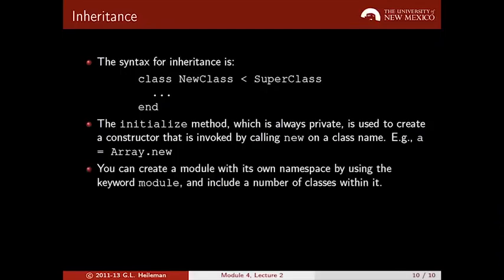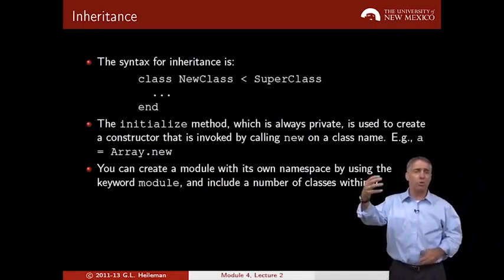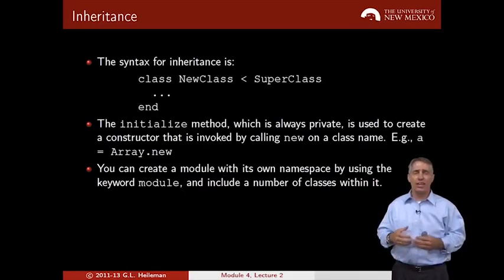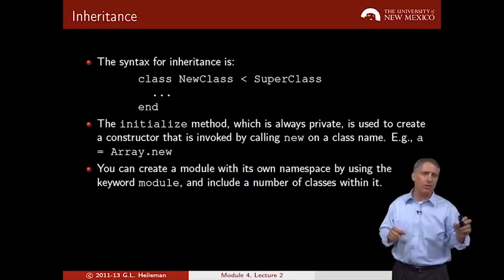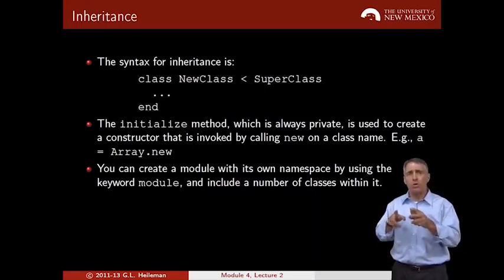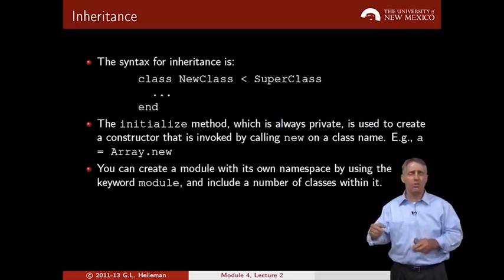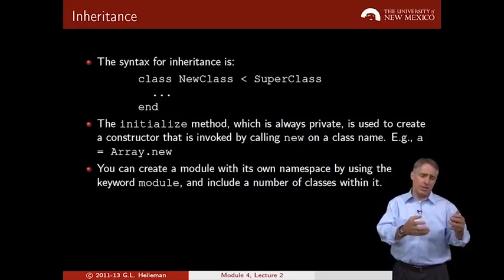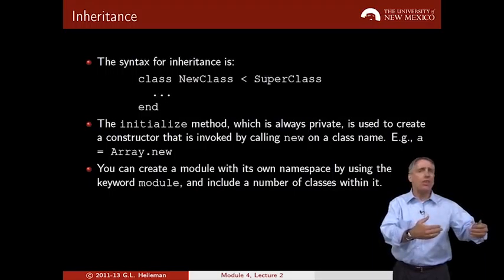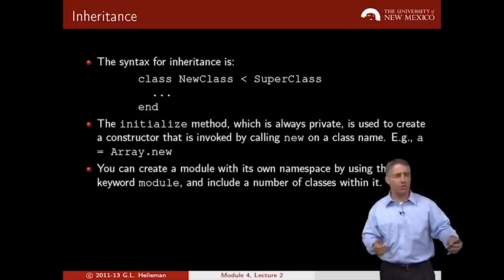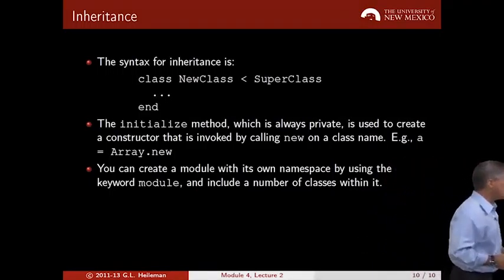You can also create a module that has its own namespace. You just put the keyword module around the class definitions, and then, as we've already seen, you invoke that particular class or a method within that class by using the double colon operator. So the name of the module, double colon, and then the names within that module that you're trying to access, the particular classes or instance variables.